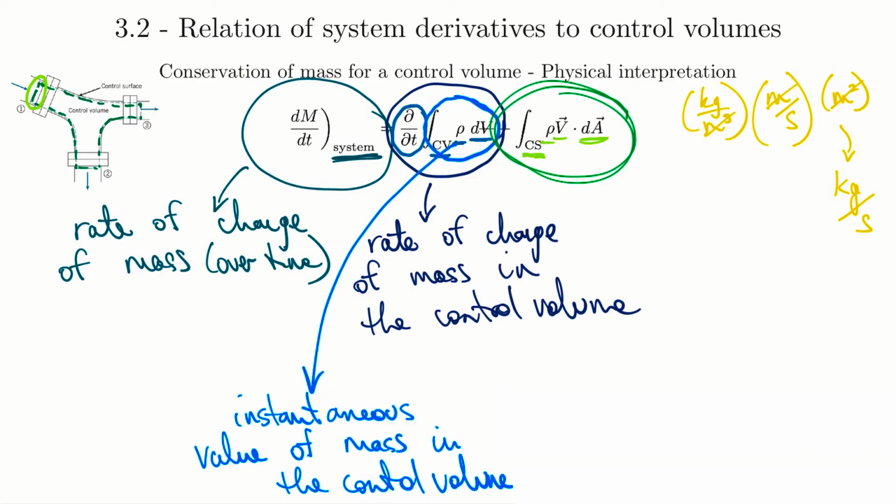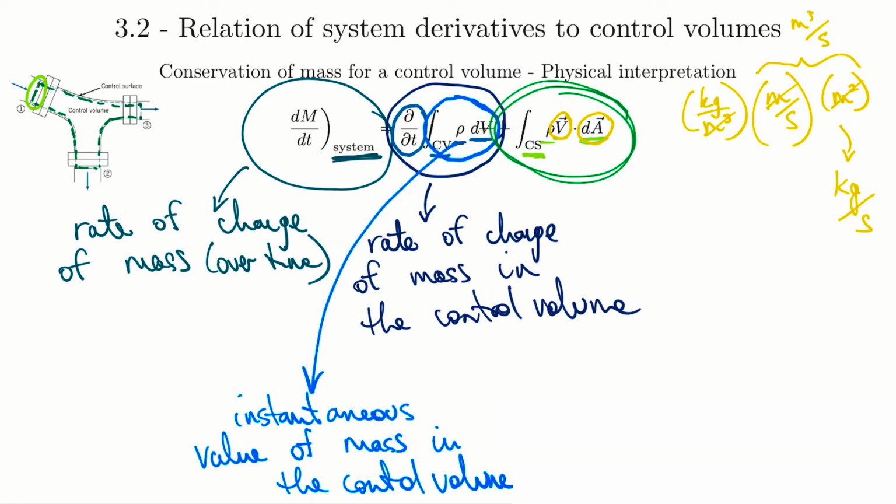So if I multiply the density times the velocity times the area, I end up with the mass flow rate. Velocity times the area it's flowing over is actually another way of writing volumetric flow rate, which would be meters cubed per second. Times the density, volumetric flow rate times density gives us mass flow rate, kilograms per second.